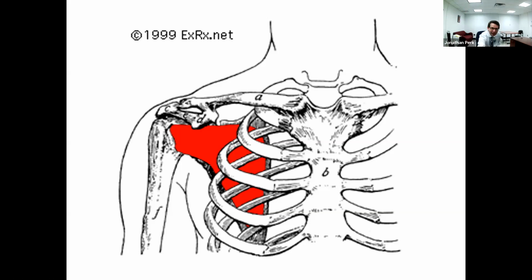And this is our internal rotation. So before we talked about external rotation, the infraspinatus and the teres minor. Now we're talking about internal rotation, which is the subscapularis because of the insertion here. Okay, so posterior cord.